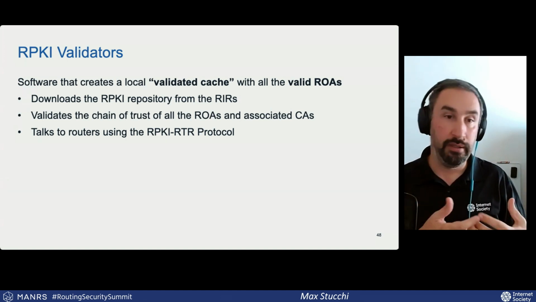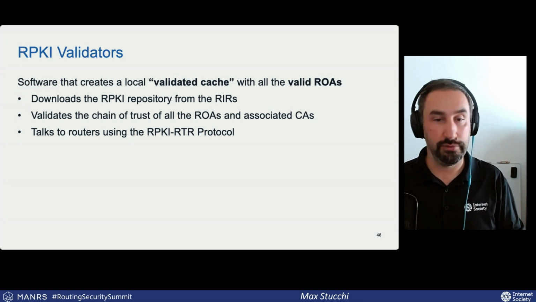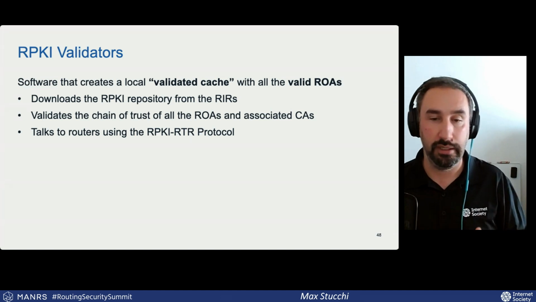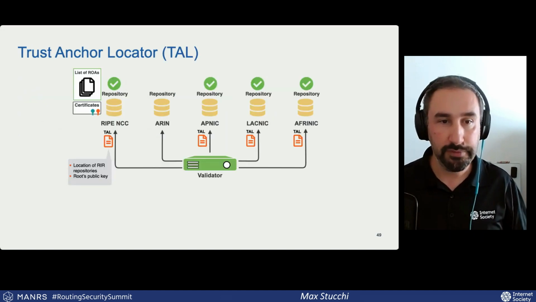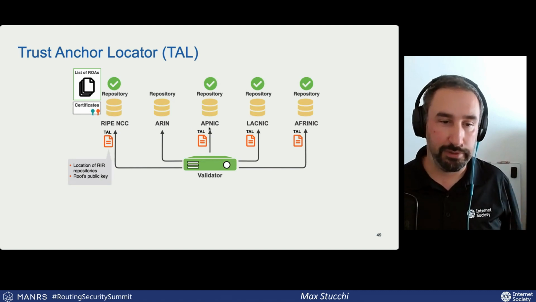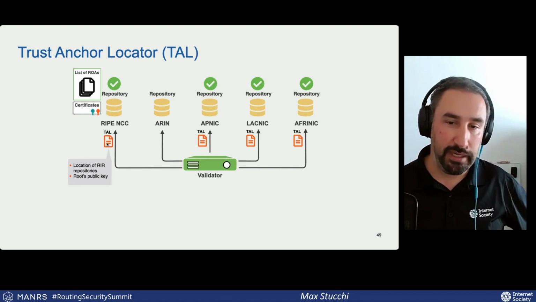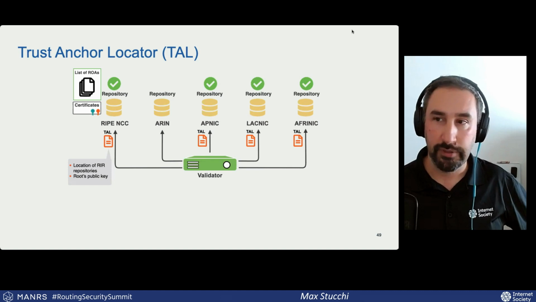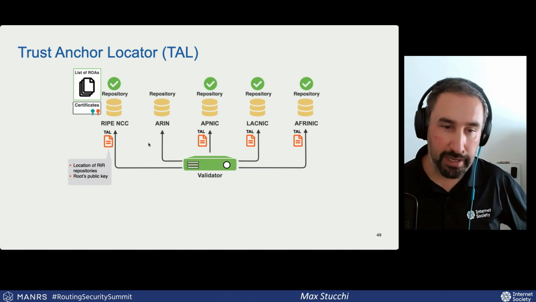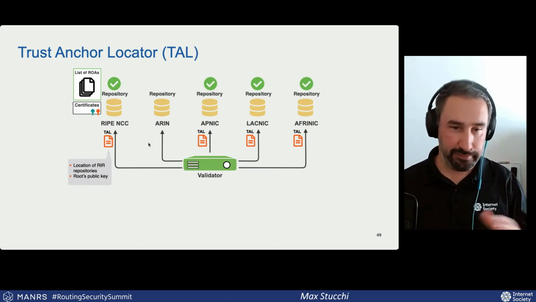And then this piece of software talks to the routers using a protocol called RPKI RTR. So basically, this is how it works. You have a file for every regional registry. The one for ARIN is not specified here, but there is one, of course.